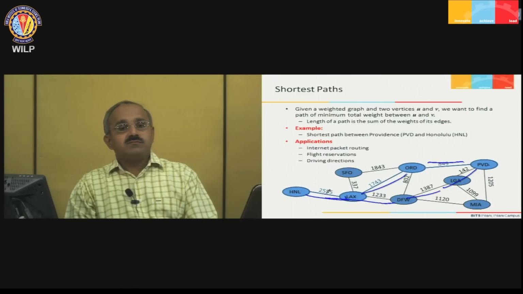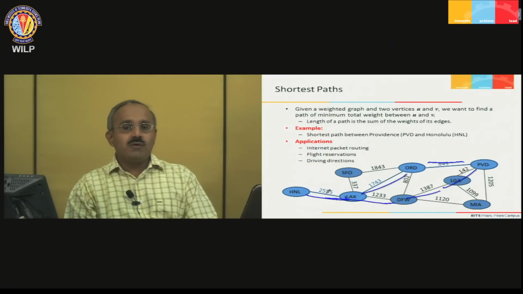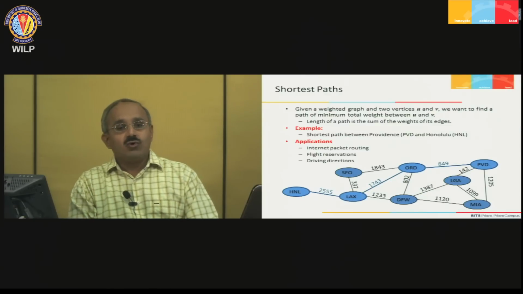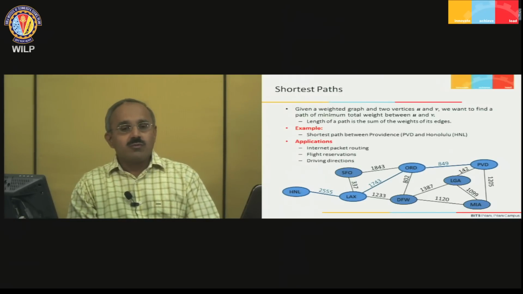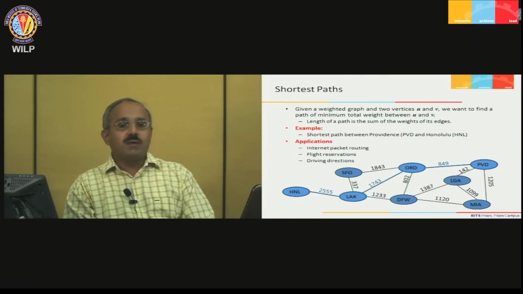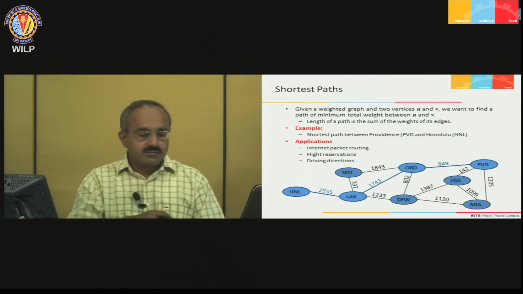So, the question is whether the shortest path that we are looking at is given by the minimum number of hops between the two vertices. It certainly is going to be one solution of the problem. The question is whether it is always going to be the smallest path, smallest in terms of the total weight of the path.